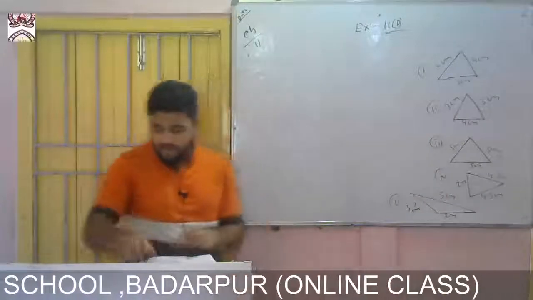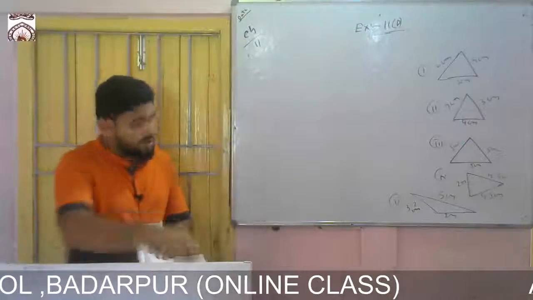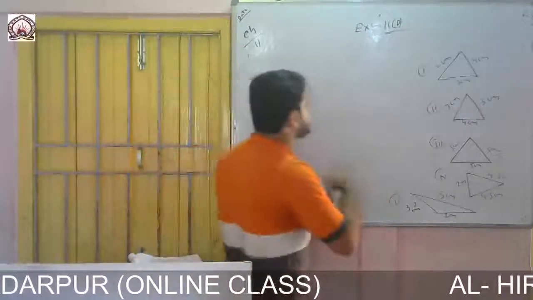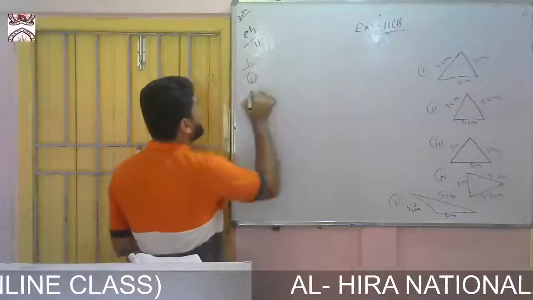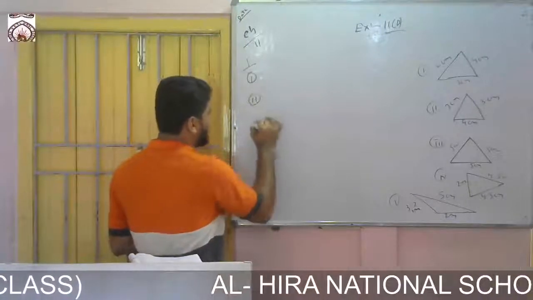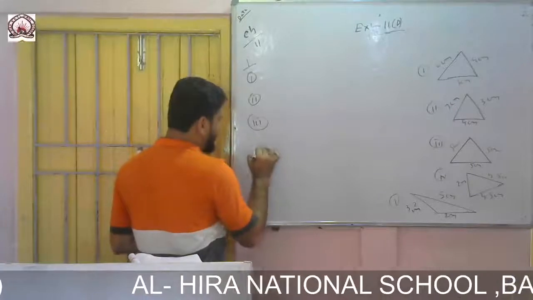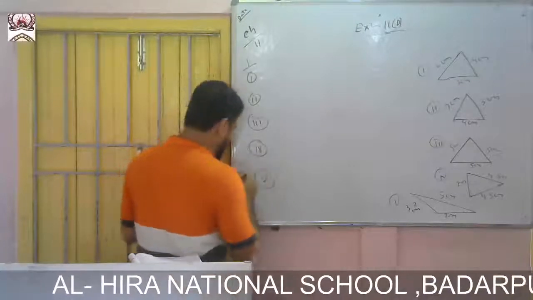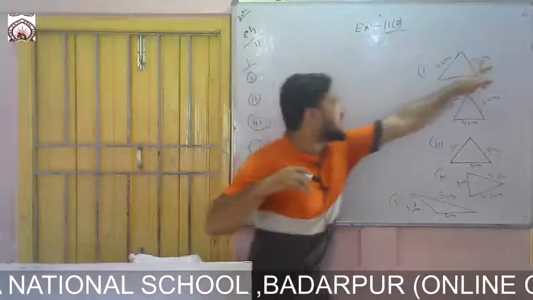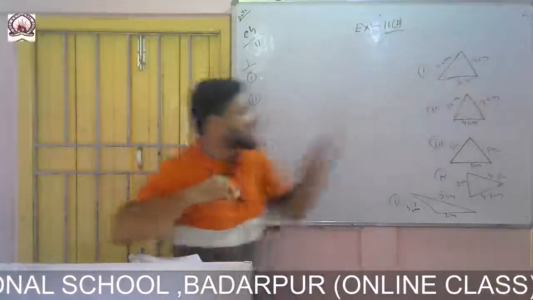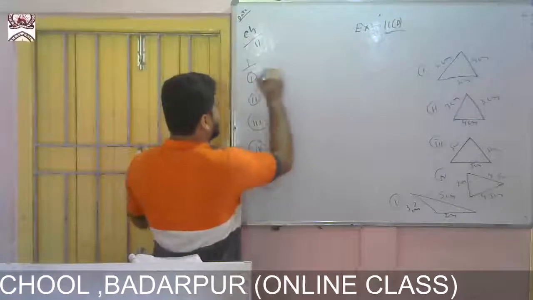Now you see. In number 1, you see 6 centimeter, 4 centimeter and 3 centimeter. Since the three sides are not equal, it is a scalene triangle.